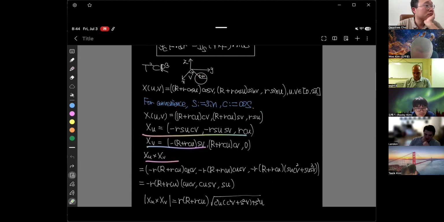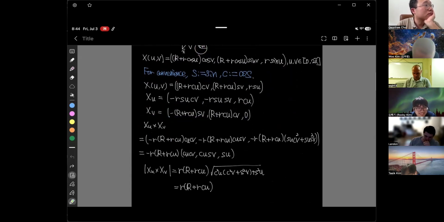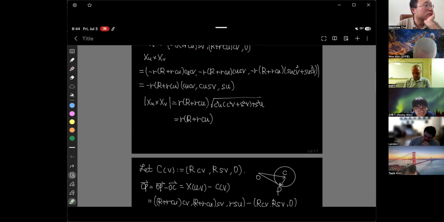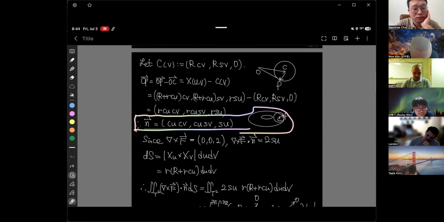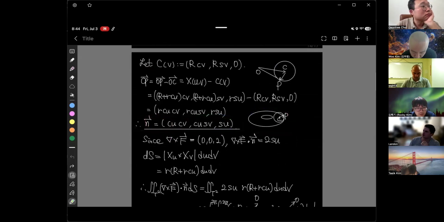I think I can omit this part. In this part, I think it's important. So we have the unit normal vector as cosine of u times cosine of v, cosine of u times sine of v, and sine of u.